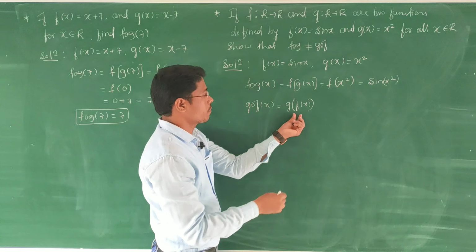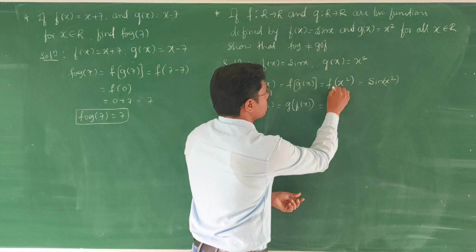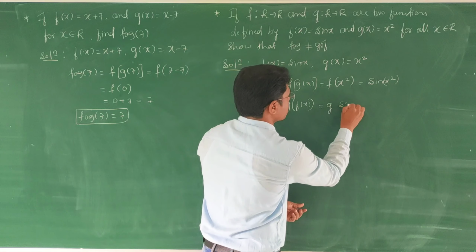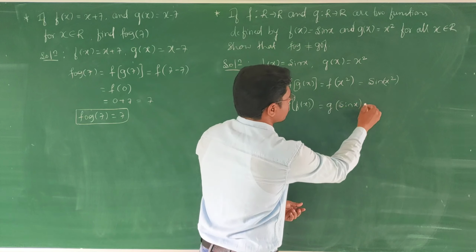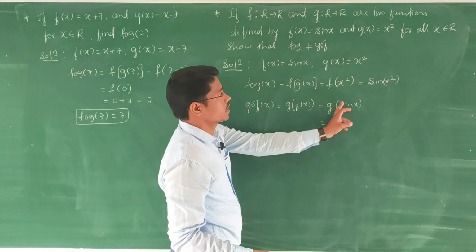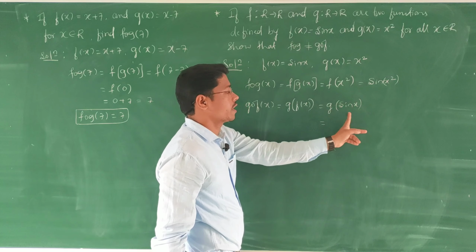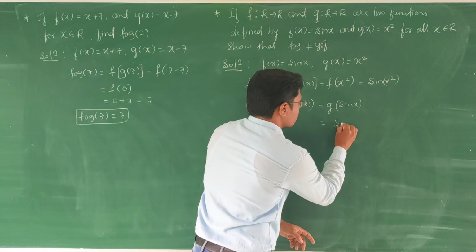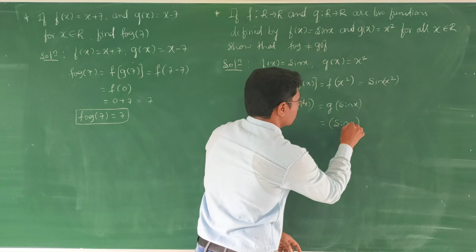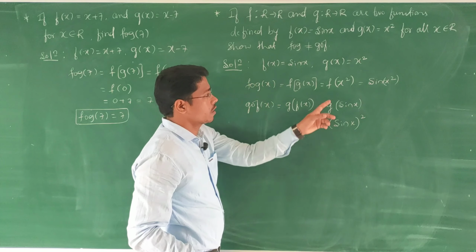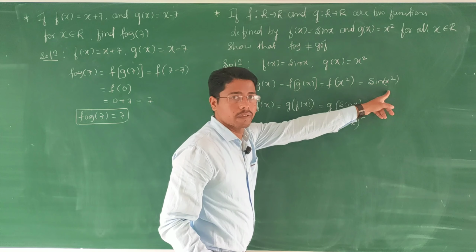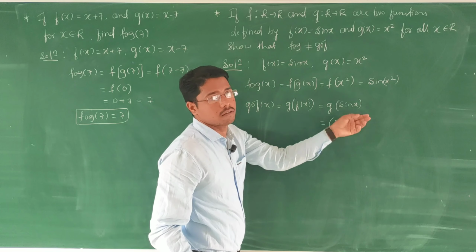f of x is sin x. So what is g of sin x? g of x is x square, and here our entire input is sin x. Therefore, sin x whole square. So see, sin x square is different from sin x whole square.